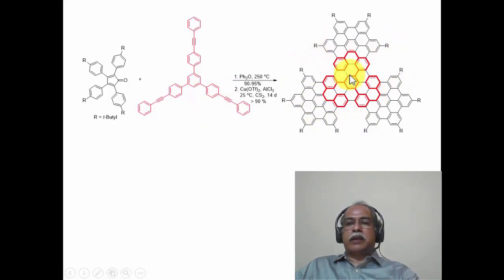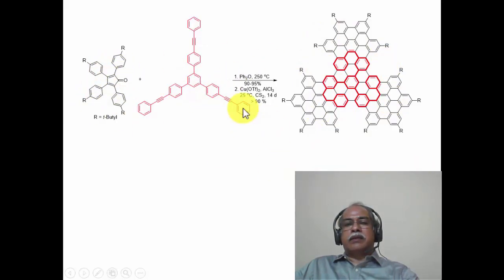This is called a super triphenylene kind of molecule. This is essentially produced by the triacetylene, which is shown here, with 3 equivalents or more of the tetracyclone derivative. The red portion in this particular structure essentially corresponds to this molecule, and the black portion essentially corresponds to the tetracyclone unit here, for example.